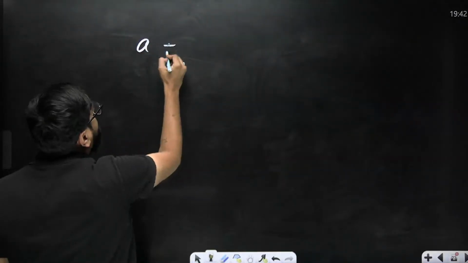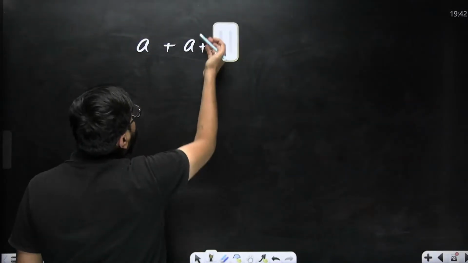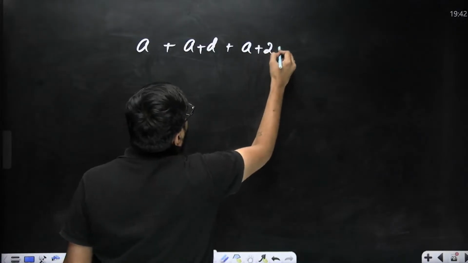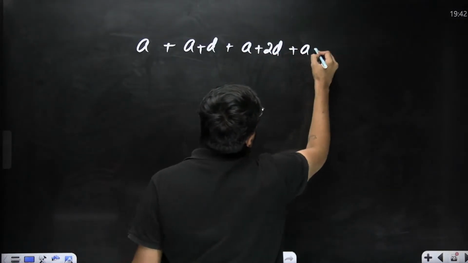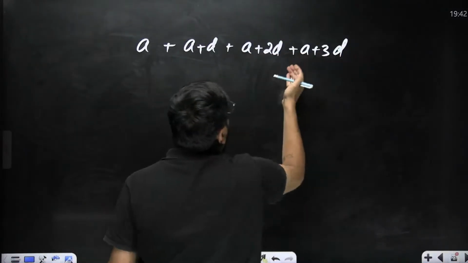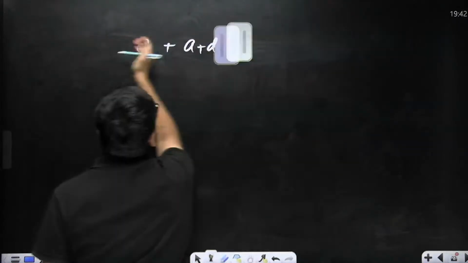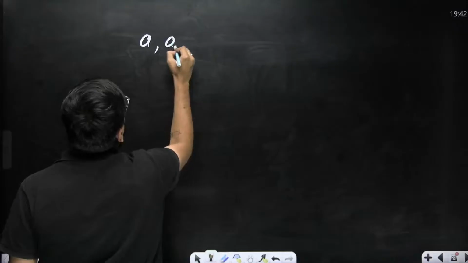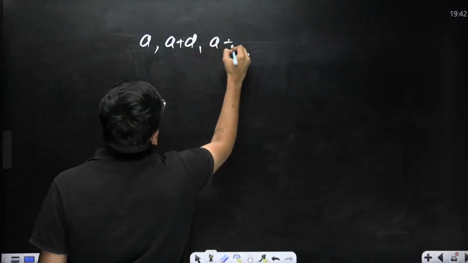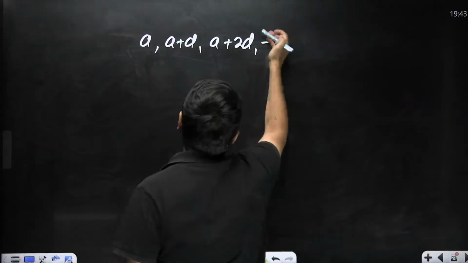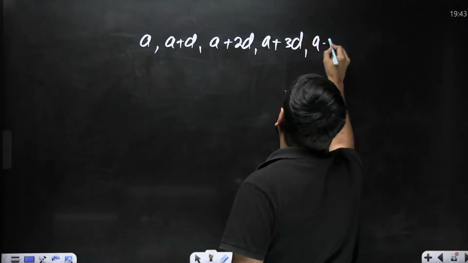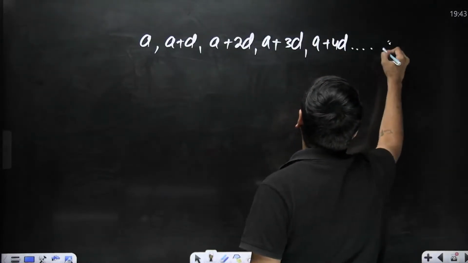Suppose I write terms like this: a plus d, a plus 2d, a plus 3d, a plus 4d, up to a plus n minus 1 d.